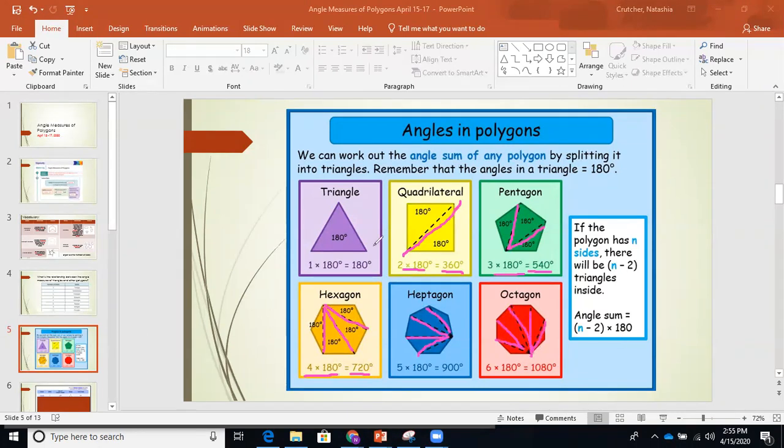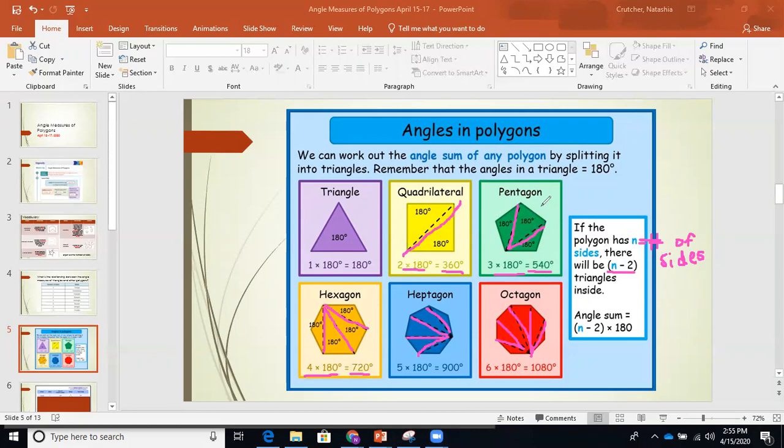Okay, so if you look at the pattern, we're able to come up with our formula for figuring out the interior angles. If the polygon has n sides, n is just representing the number of sides, then there will be n minus 2 triangles inside.